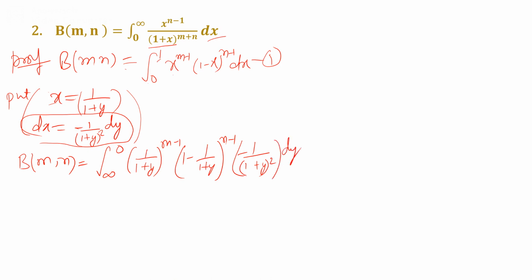Now if we interchange the upper and lower limit, we get a negative sign, and negative times negative becomes positive, so we write 0 to infinity.